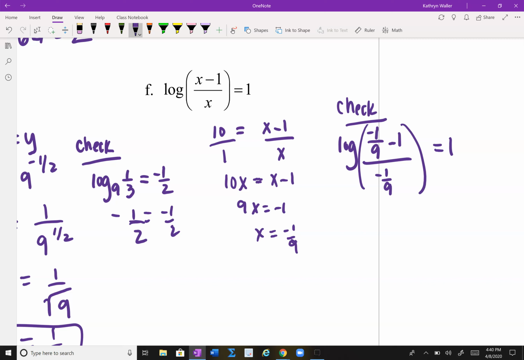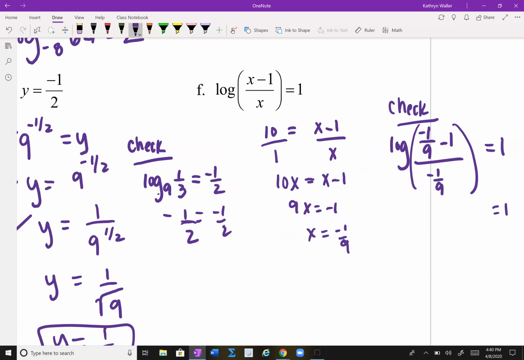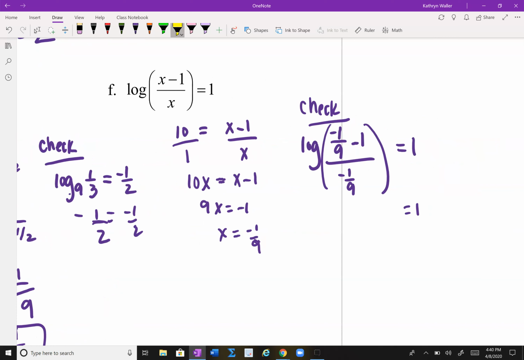Okay, putting this in the calculator is tricky. The base is 10, so I'm not having to do like I did where I went log of 1/3, close it, divided by log 9. I don't have to do that because that's base 10. But putting this in the calculator is tricky. Do you see on the top how you have two terms? You have to input parentheses, and the bottom is a fraction, so you also have to input parentheses.